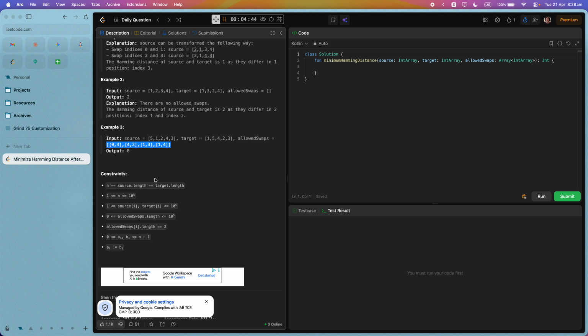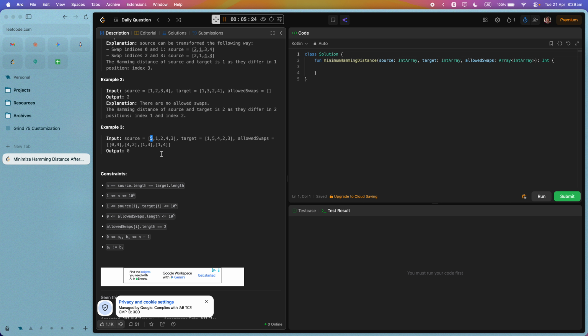What can be a brute force approach here? One thing that's coming to my mind is, can I take an index, for example this one, and move it to position 2?